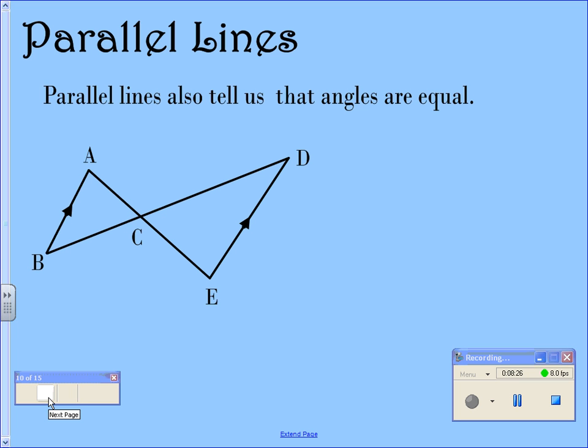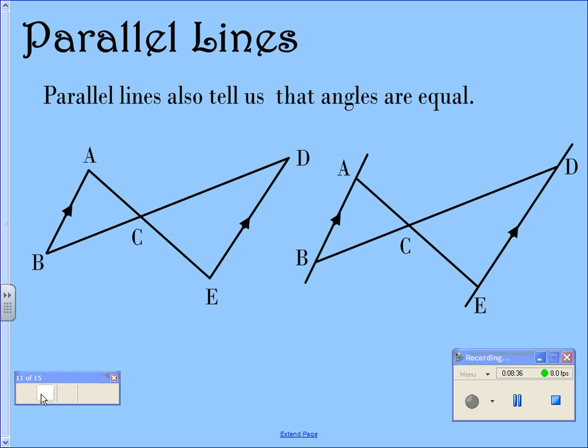Looking at this one, where are the two parallel lines? Yeah, BA and ED. So what do they want you to do? Just draw the lines further. Does that make sense? Which angle is this?